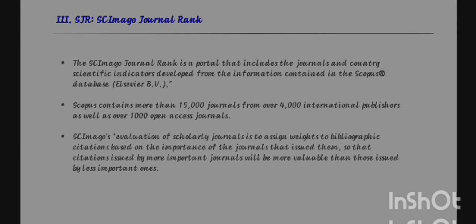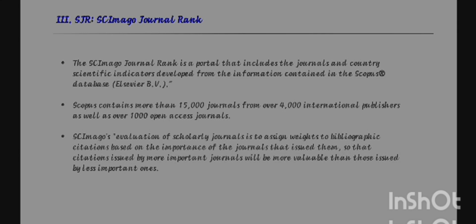This is a portal which includes journal and country scientific indicators developed from the information contained in the Scopus database, which is owned by Elsevier B.V. The Scopus database contains around 15,000 journals or more from over 4,000 international publishers, and it has over 1,000 open access journals, so the number can vary.